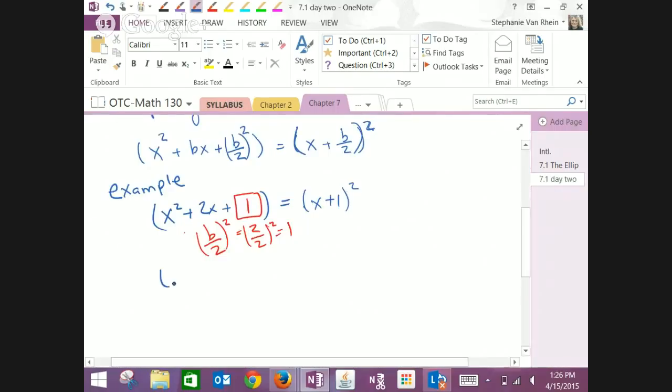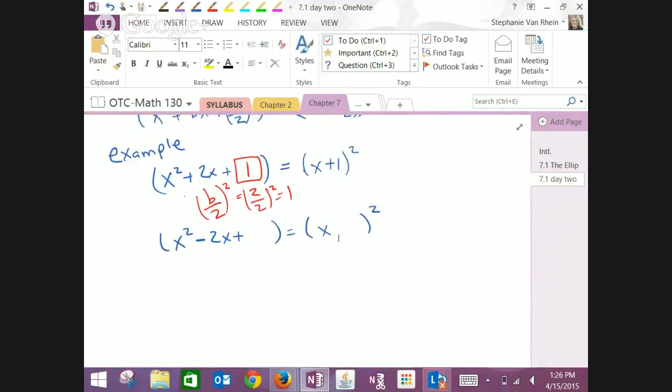Yeah. What about if it was x squared minus 2x? Is it 1? Yeah, so it's 1 here, right? Because I go minus 2 over 2 quantity squared, which is still 1. But what is it on the other side here?